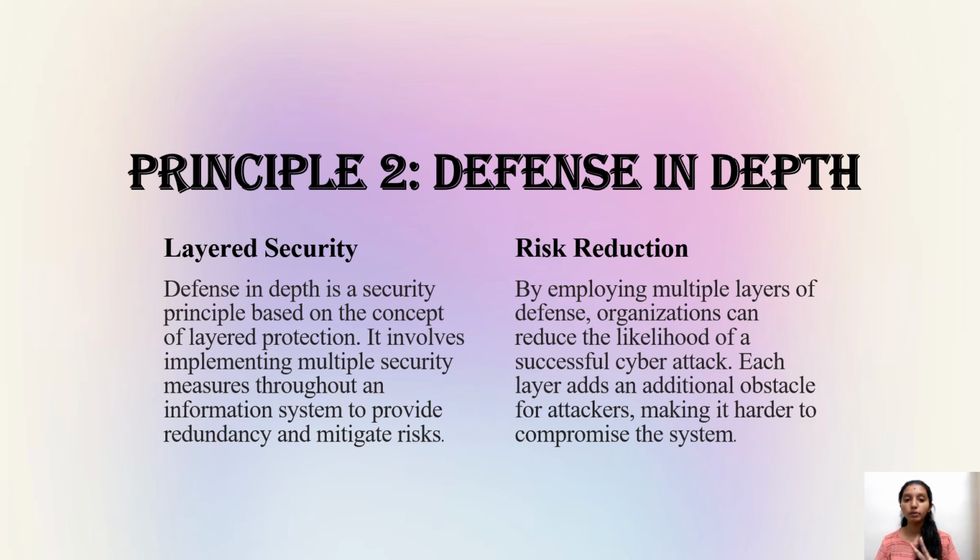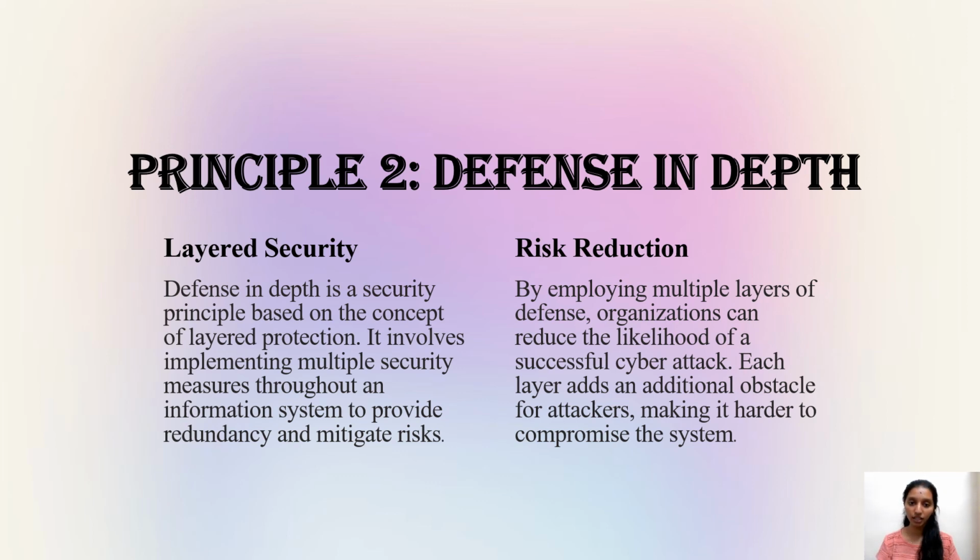Next is principle 2, defense in depth, which includes layered security and risk reduction. Defense in depth is a security principle based on the concept of layered protection. It involves implementing multiple security measures throughout an information system to provide redundancy and mitigate risks.